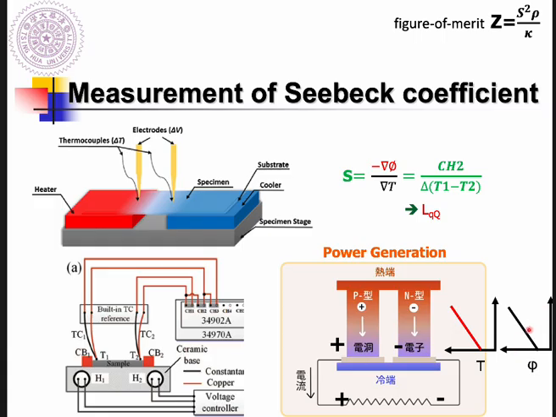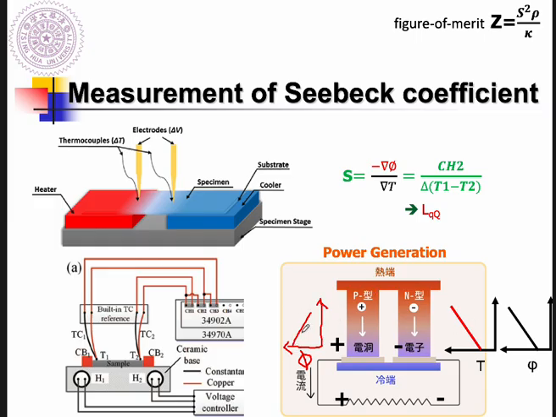So for P-type materials, the temperature distribution is the same, but because the holes move to the bottom, we have a higher electrical potential at the bottom and lower at the top.